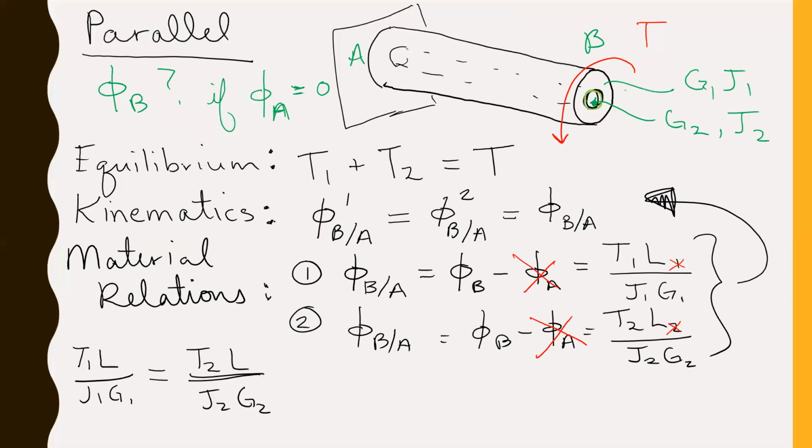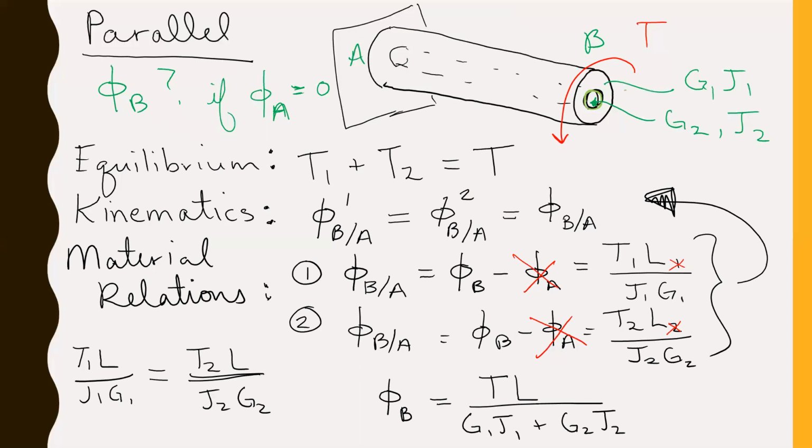You can solve for either T1 or T2 and then plug it into the equilibrium statement to then solve for an actual value for T1 and T2. Once you have those, you can plug them into our material relations equations, and what we'll end up with is that phi B equals TL over G1 J1 plus G2 J2.